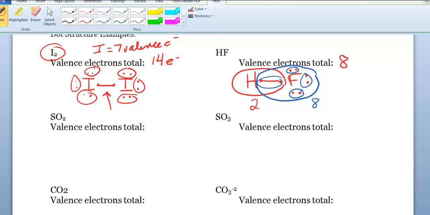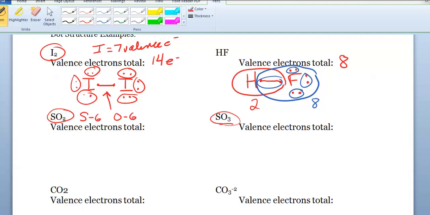Let's do sulfur with 2 oxygens. That's called sulfur dioxide. And then we're going to compare that to sulfur trioxide. This is going to get a little bit tricky, so let's pay close attention. Sulfur has 6 valence electrons. Oxygen also has 6 valence electrons.